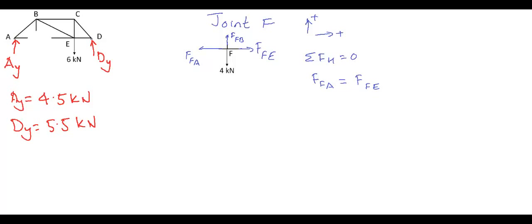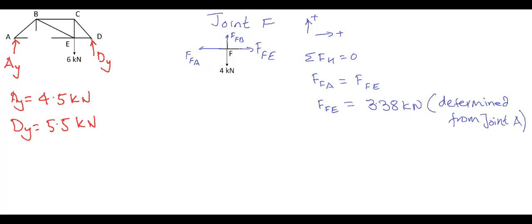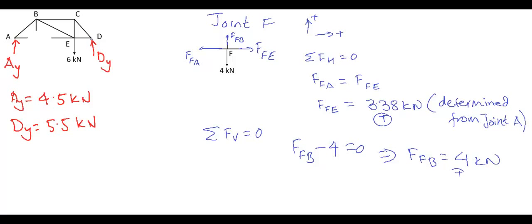Summation of horizontal force equals 0 gives us FFA and FFE are equal. FFA has already been determined from joint A, so FFE should be 3.38 kN. Now summation of force in vertical direction equals 0 gives FFB minus 4 equals 0, which gives FFB is 4 kN. The positive values mean both member forces are in tension.